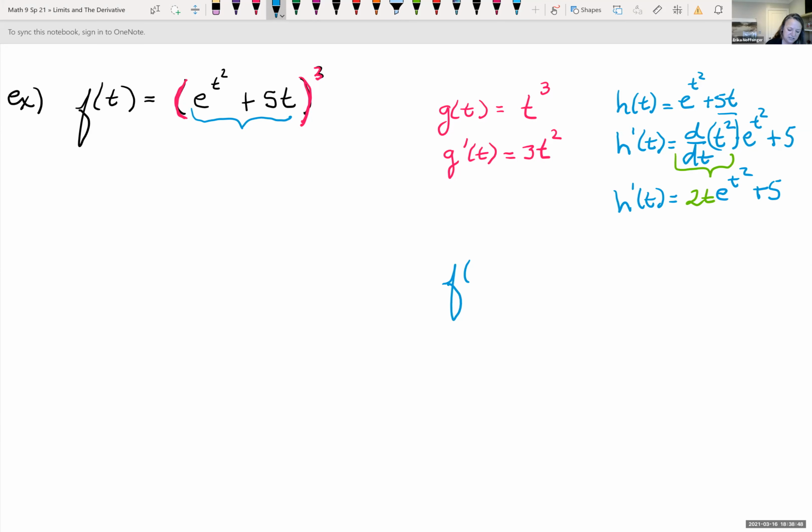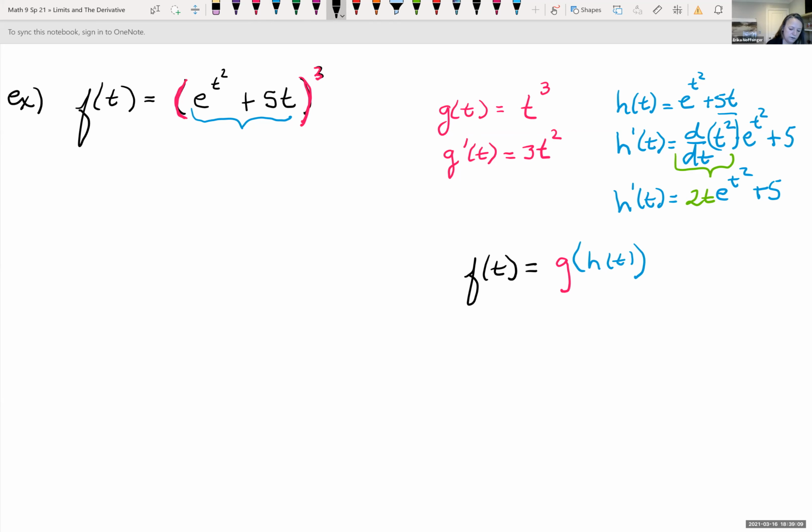One of our notations for the chain rule was that if we had some function, and our function right now is called f of t, f of t could be rewritten as the composition of g and h of t, where g was the outer function and h of t was the inner function.